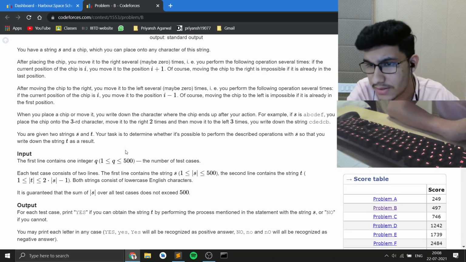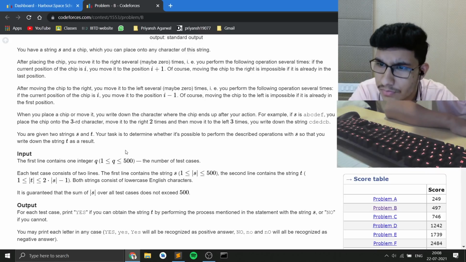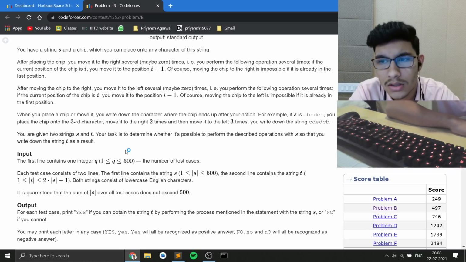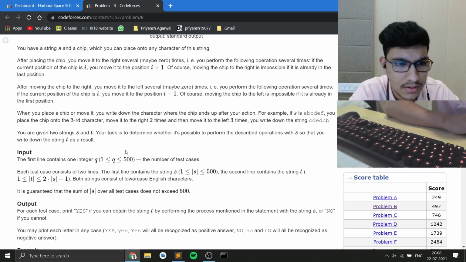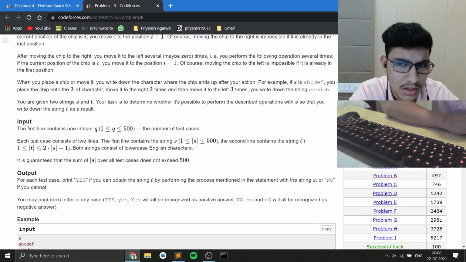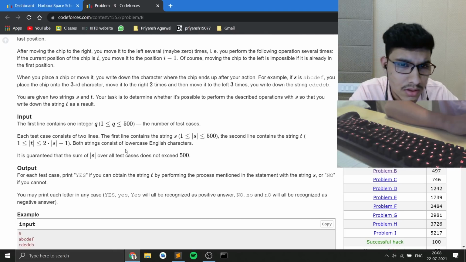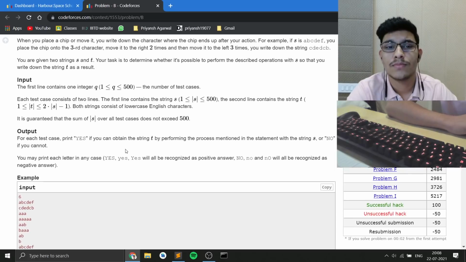For example, if s is this, you place the chip onto the third character, move it to the right 2 times, so we have C, D, E, then D, C, B, because we moved it 3 times to the left as well. You're given two strings s and t. Your task is to determine whether it is possible to perform the described operations with s so that you write down the string t as a result.